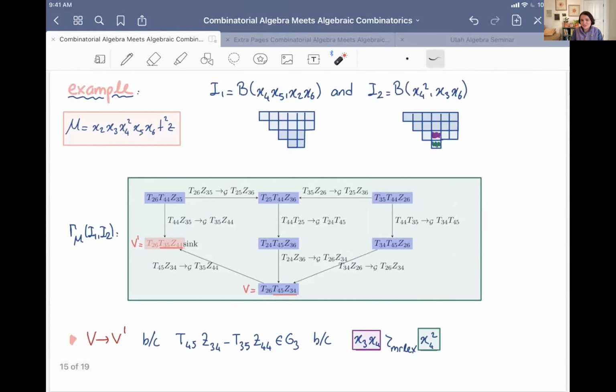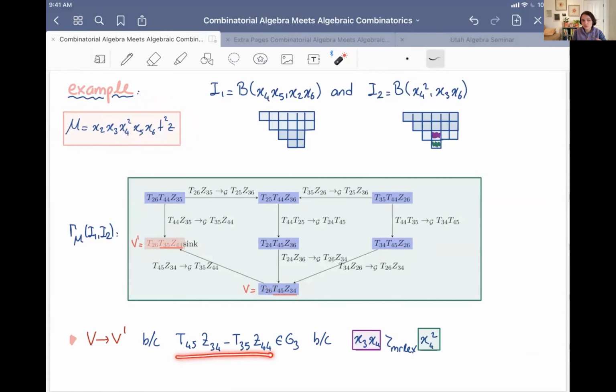And here is just a picture to show you how the fiber graphs look. All these vertices are mapped to this multi-degree under the toric map. And then just to show why we have an edge between these two vertices, the only things that are different are these two. I'm replacing this one with 3, 5, 4, 4, because the difference lives inside G3.